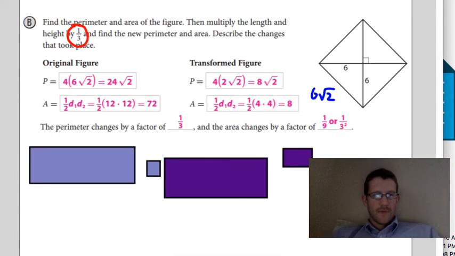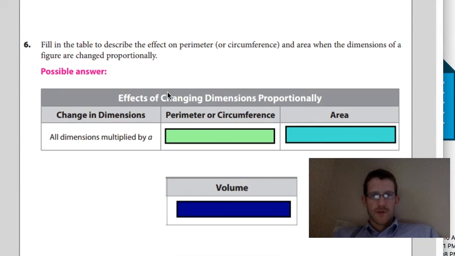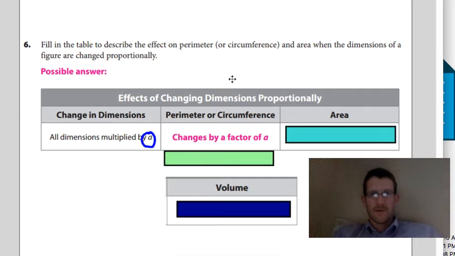Okay, so just a real quick summary. When we're doing proportional changes, if our scale factor is A, the perimeter changes by a factor of A. Another way to write A, you might say, is A to the first power.